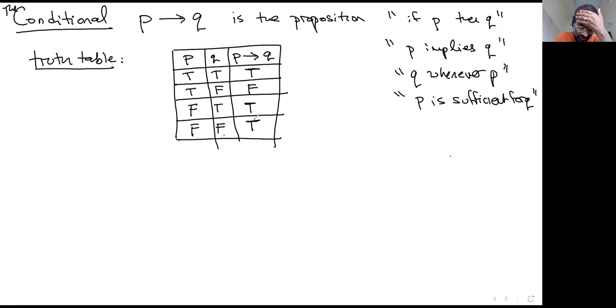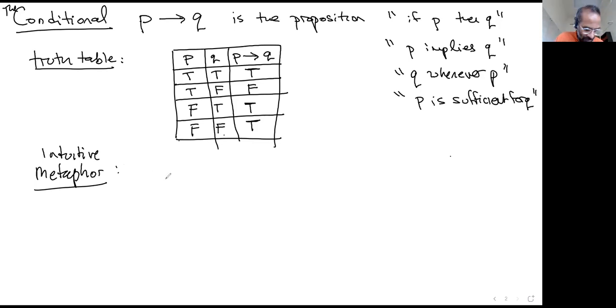And this might seem a little weird to you at first, because implies, or if P then Q in English, we usually use this to mean causality, right? It usually refers to some kind of temporal or physical causality in the world. And the way we use it in logic, an intuitive metaphor for understanding what this means, is that P implies Q is a contract.